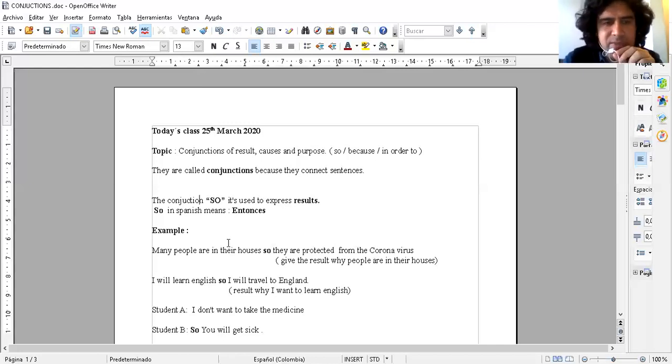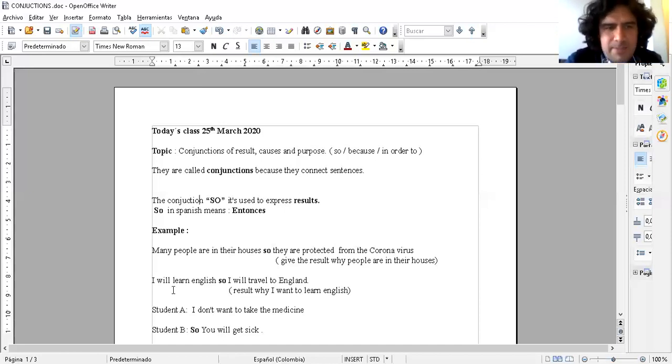Entonces, many people are in their houses, muchas personas están en sus casas, so, entonces, result, consequence, they are protected from the coronavirus. Entonces, están protegidos del coronavirus. In this case, the conjunction is so, aquí la conjunción es so, because we are expressing a result, estamos expresando un resultado de algo.